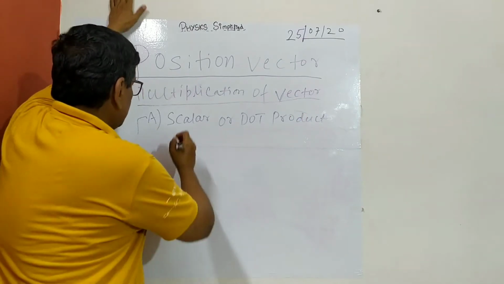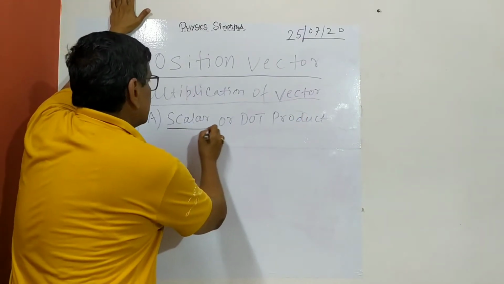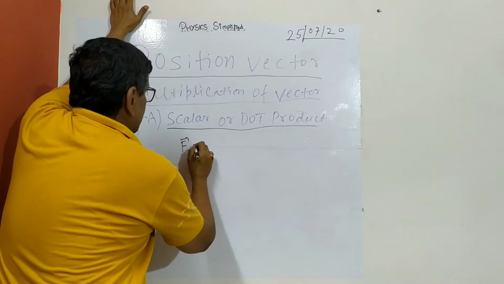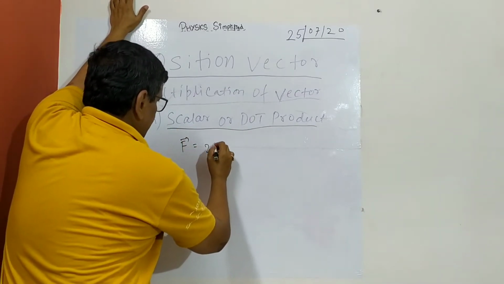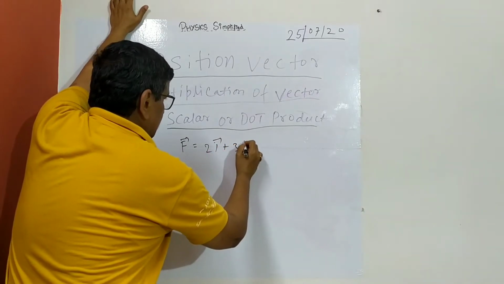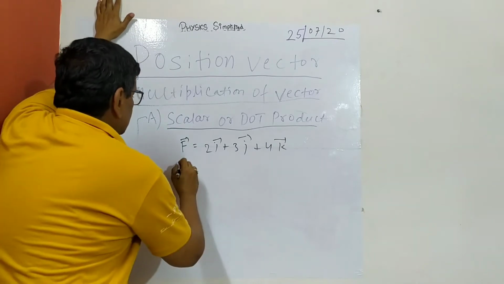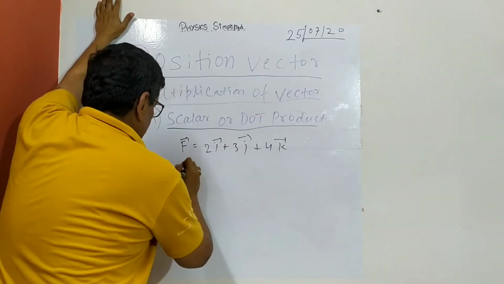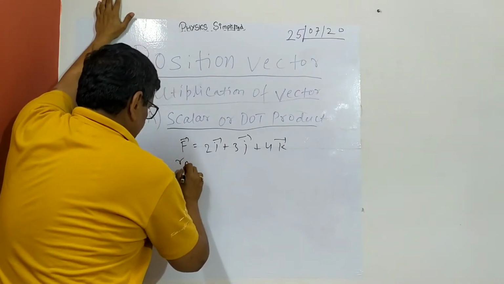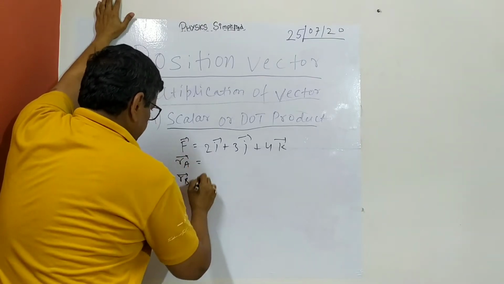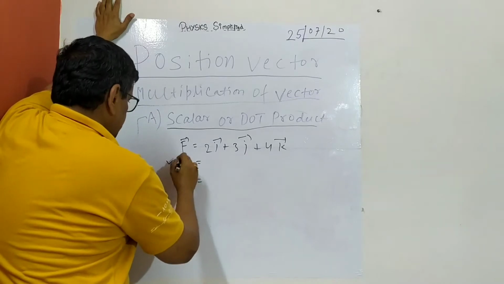Again, the use of this scalar product: suppose a force is acting, defined by 2i plus 3j plus 4k, and it is acting at a point with position vector Ra and Rb, and it has displaced the particle from position vector Ra to Rb.